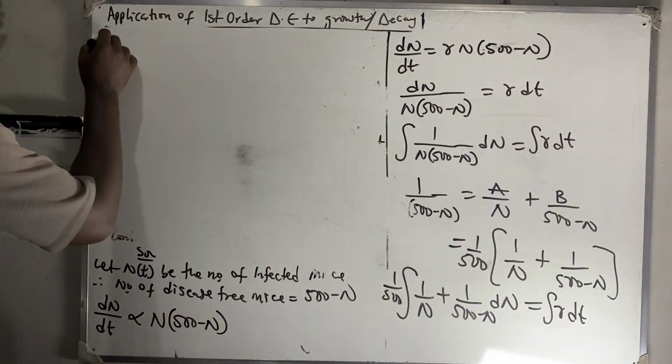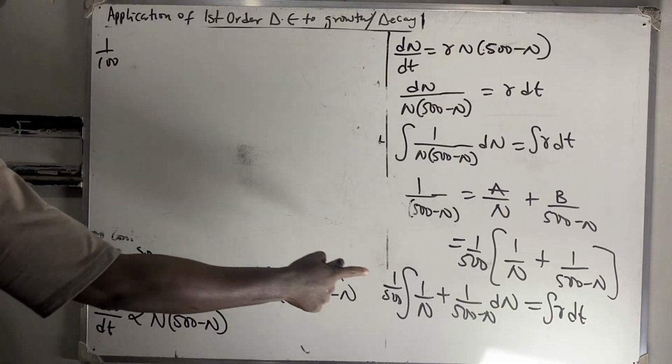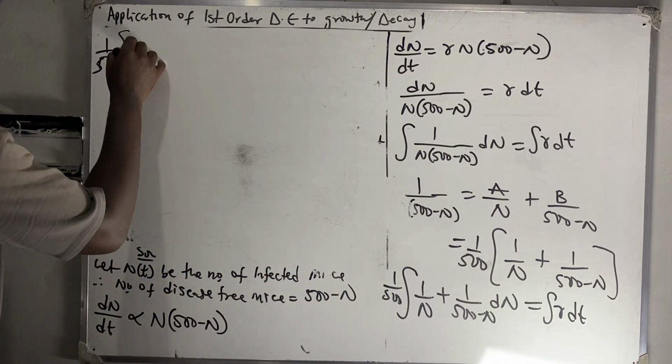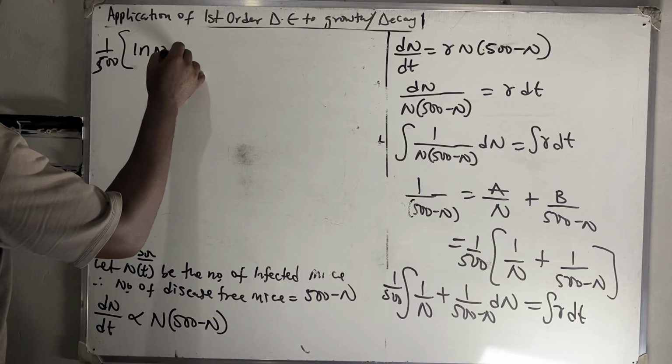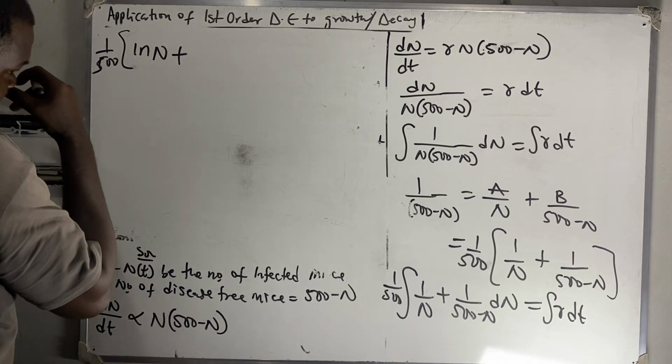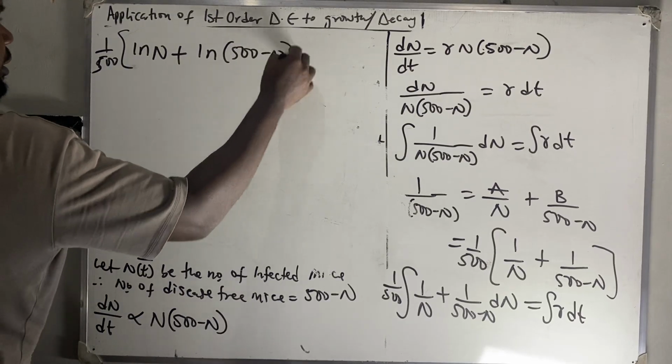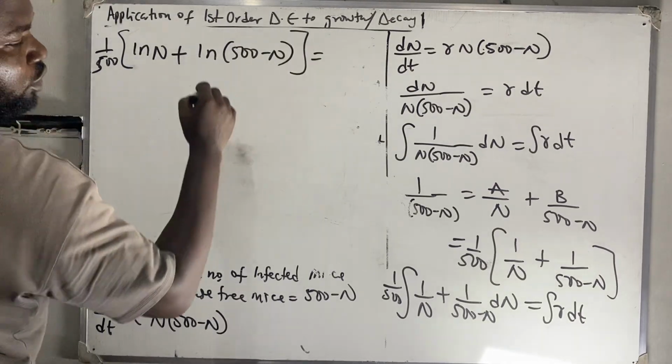So I have 1 over 500 times ln n plus ln 500 minus n, equal to what?